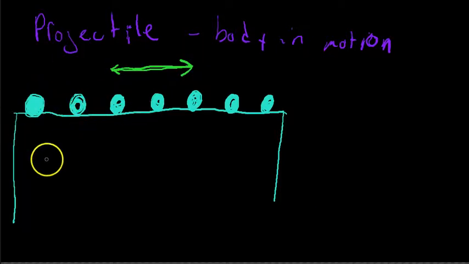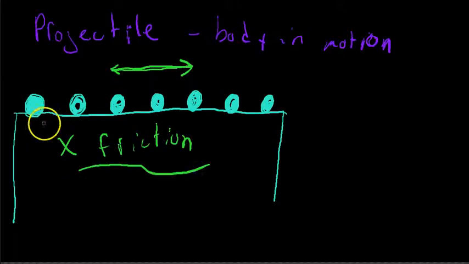But since there's no other force acting on it, we're talking about no friction, which is unrealistic, but no friction, okay? This is just going to move with an acceleration of 0. Its velocity is not changing. It doesn't change velocity because the friction is 0, okay?